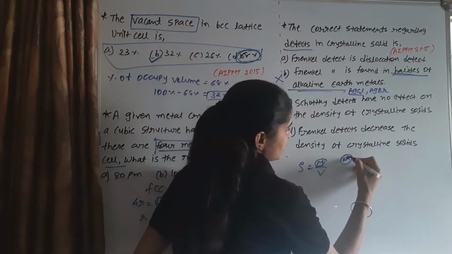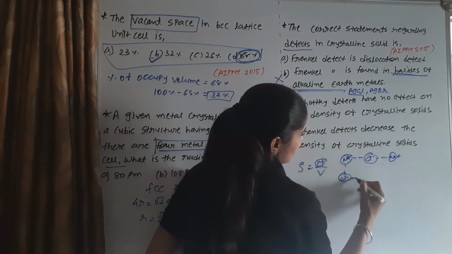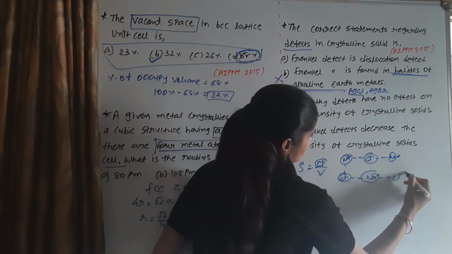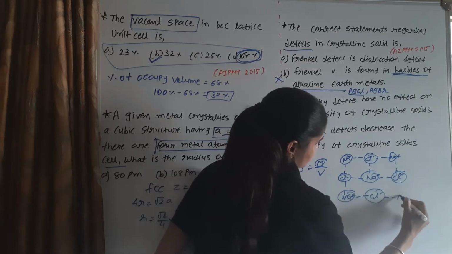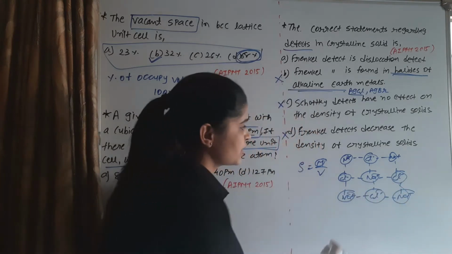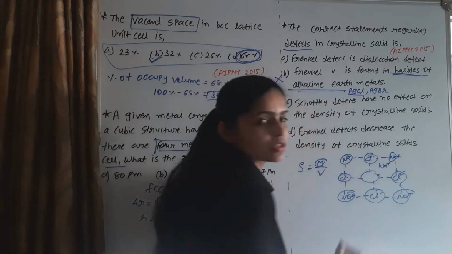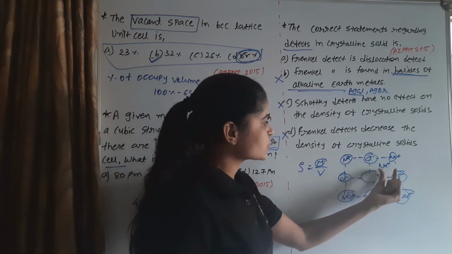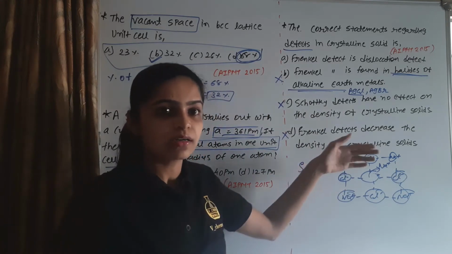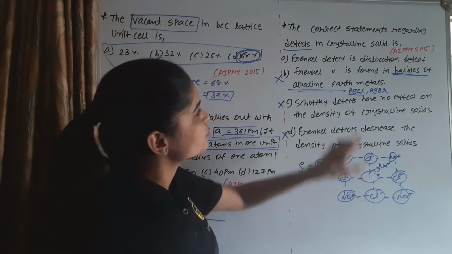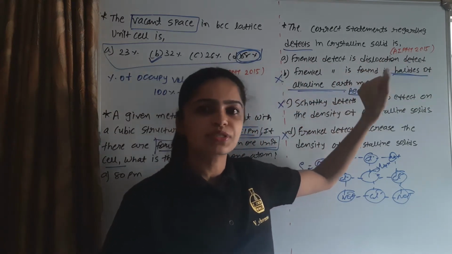For example, take a crystal of Na+ and Cl-. When the Na+ leaves its position and occupies an interstitial position, this Na+ is dislocated: its original location is vacant and another location is occupied. So the Frenkel defect is a dislocation defect, also known as the interstitial defect.